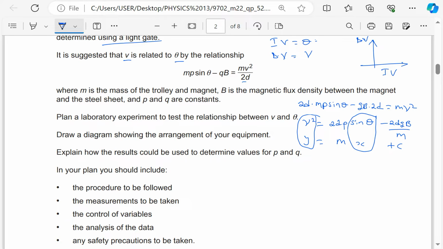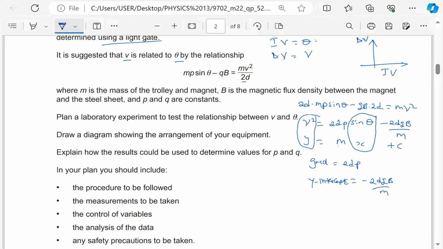So the gradient is going to be 2dp. That will be the gradient, so it means I can find p. Then the y-intercept is going to be negative 2dqb divided by m. So that will be the y-intercept.